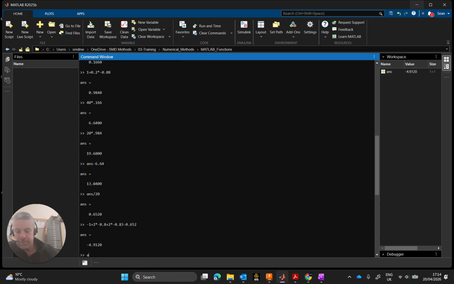Equal to that. Answer multiplied by my step size, 0.2, is equal to that, and then the answer divided by 6 is equal to minus 0.1637.